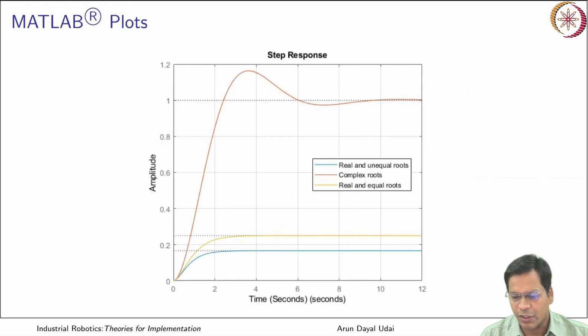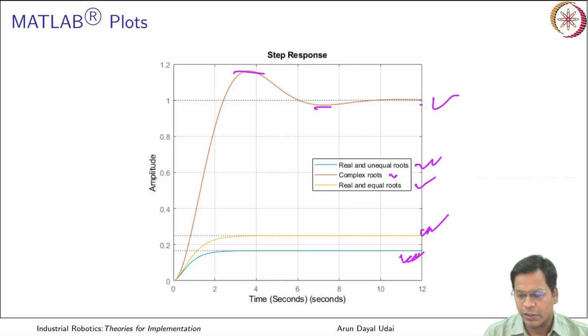So this was the system with real and unequal roots. This is the one where you have complex roots. It is oscillatory in nature. It has overshot, it has come back, and it is like this. And the third one, which is real and equal roots. So this is the critical condition in which it settles down very fast. So you see you have an external force, and with time it settles to a value. This time it won't settle to a value which is 0.